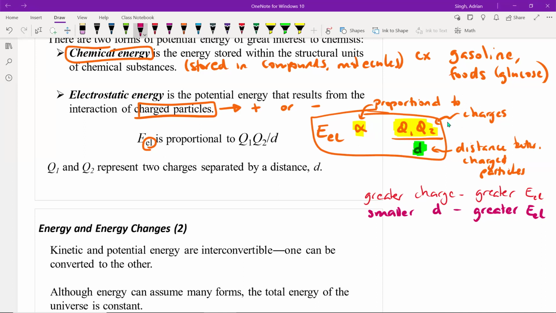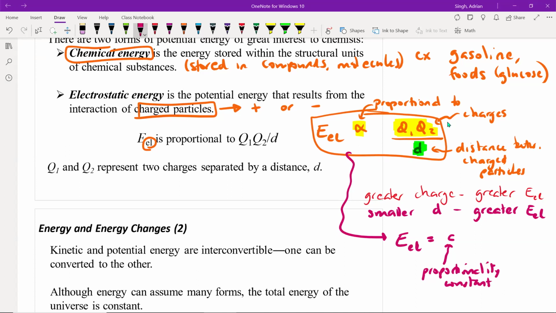So we can take this proportionality relationship and turn it into an equation. We can say the electrostatic potential energy is equal to, so we're introducing this equality sign now. When you take a proportionality and make it into an equality, you have to introduce a proportionality constant, which we're going to refer to as C. Constant means it doesn't change.